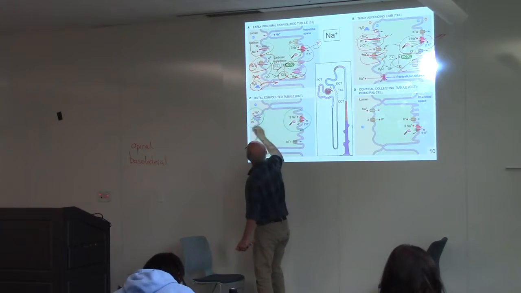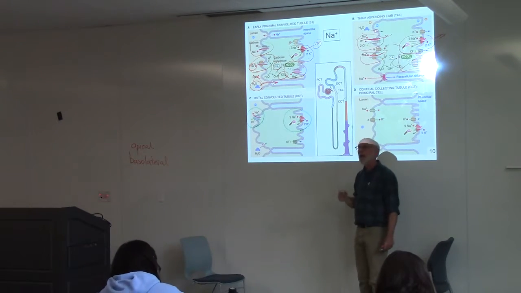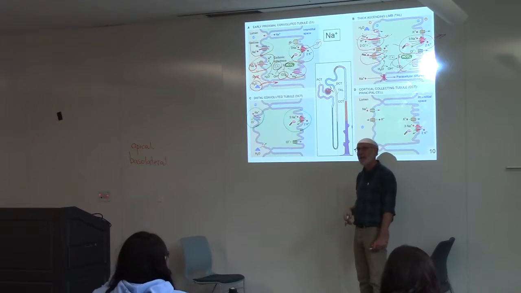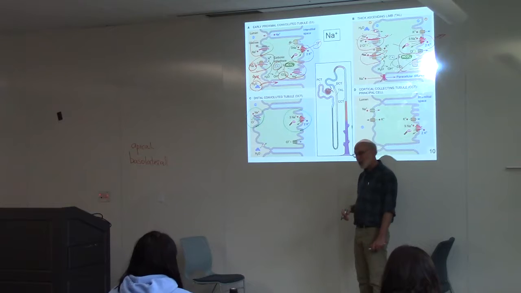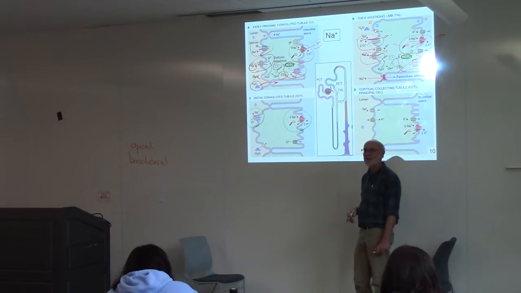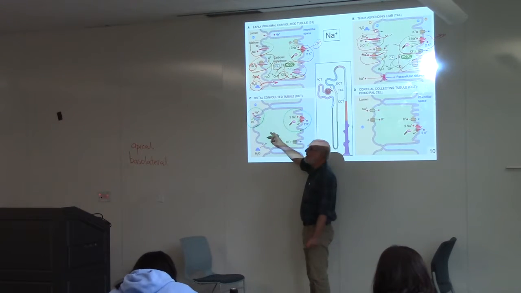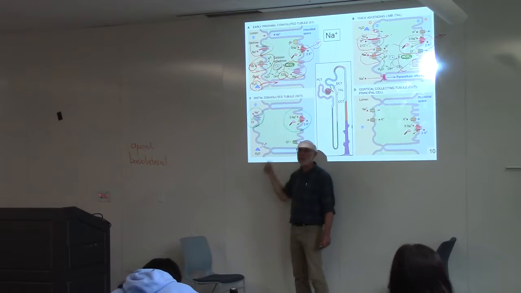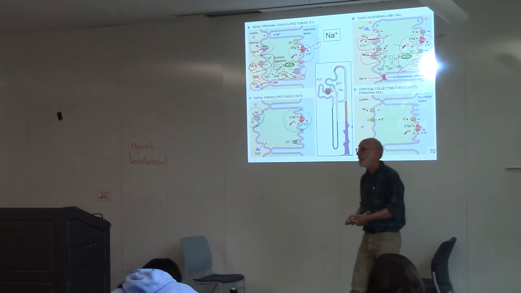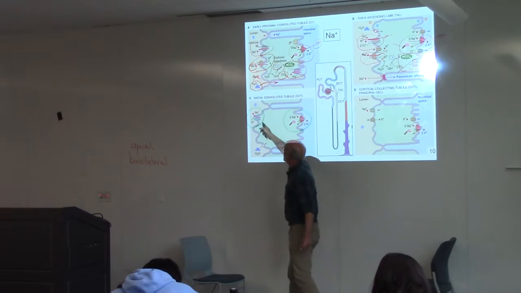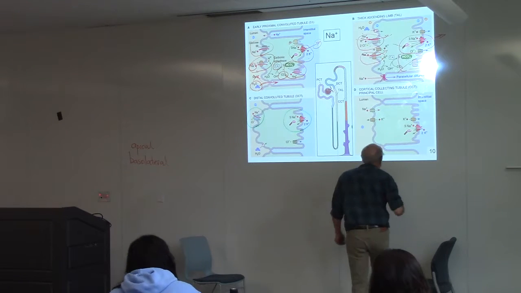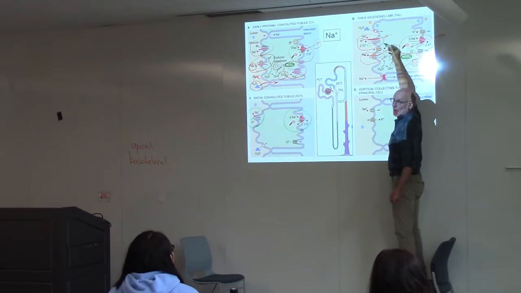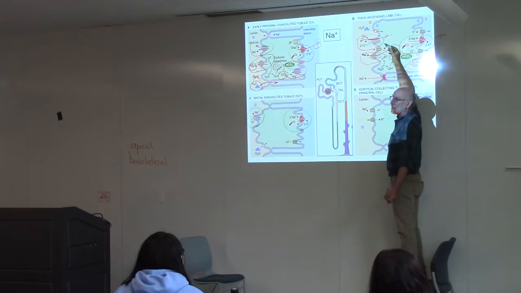What is this? Name it. And I'll just tell you, its name makes sense. It's the sodium chloride cotransporter that is expressed in the apical membrane of the distal tubule. Is this protein the same as this protein? No, it's a different protein. It's a different transporter.